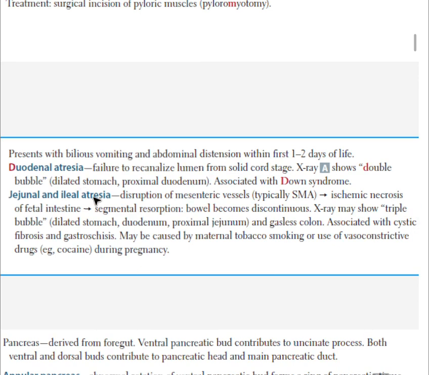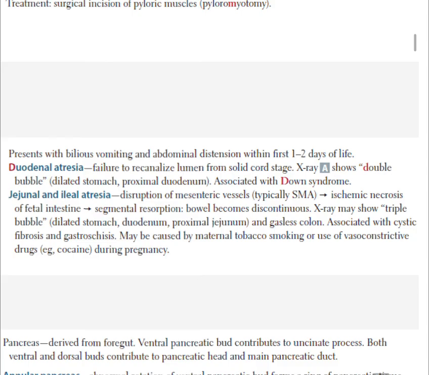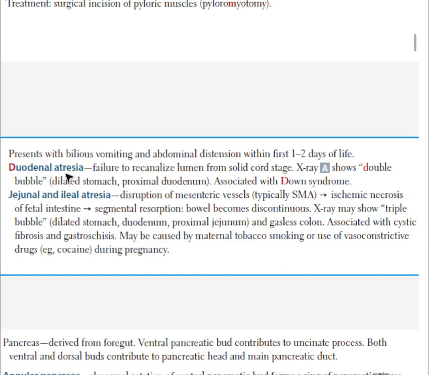Similarly, we have jejunal and ileal atresia also. When you have jejunal or ileal atresia, the mechanism is a little different. The jejunal and ileal atresia is basically caused in utero by a vascular accident. So if there is any disruption of the mesenteric blood supply, this will lead to the atresia of the jejunum or the ileum. So it's different from the duodenum.